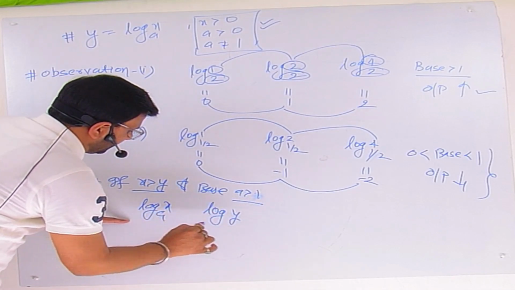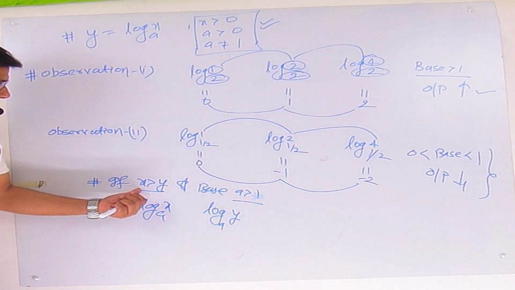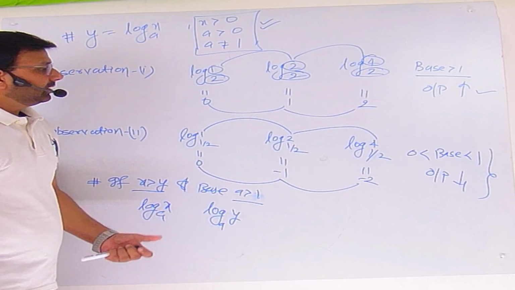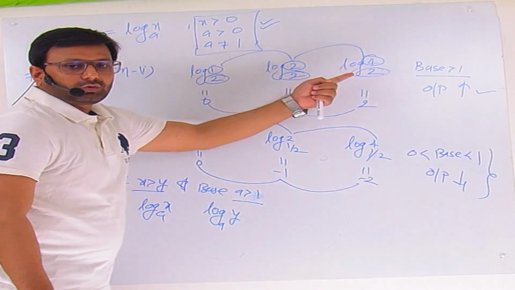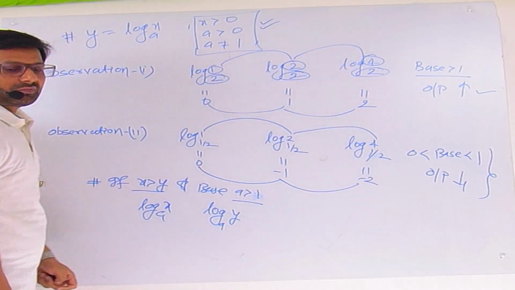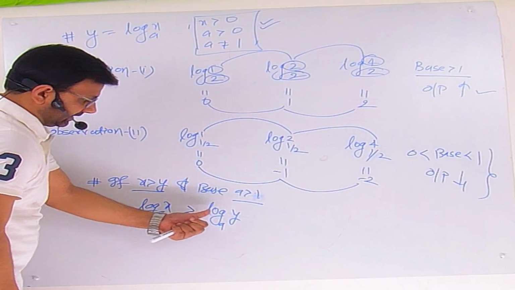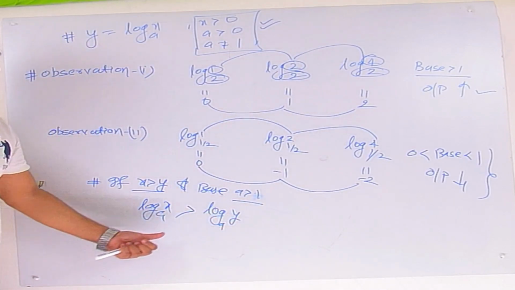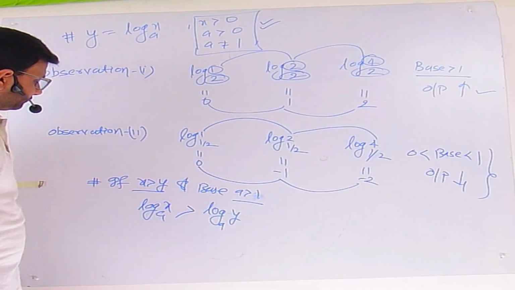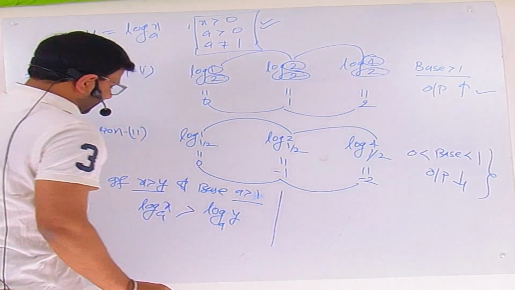Tell me everyone. If the base is greater than 1, the number which is greater will give a greater output, no? Yes or no? So here log x base a is greater than log y base a. Yes.